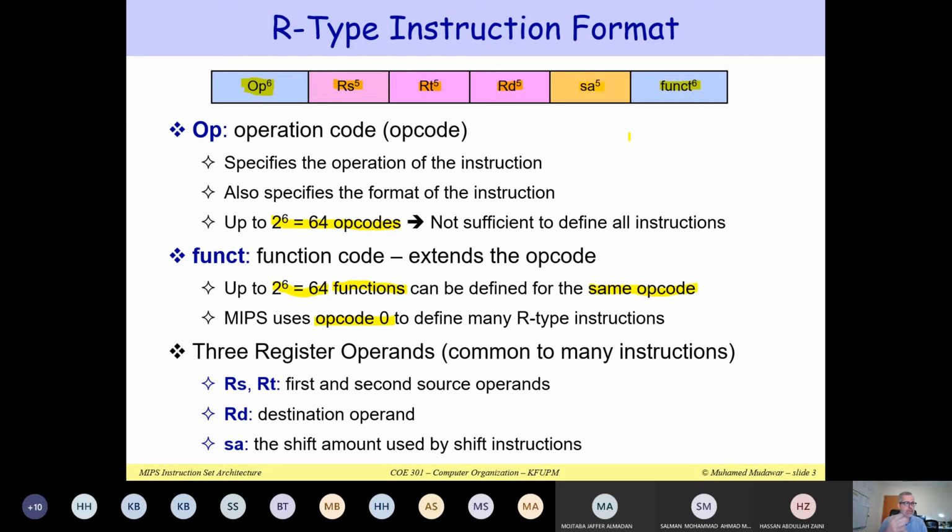And this is why these fields are 5 bits, because we can use a register field to address 32 registers, 2 to the power 5, which are numbered from 0 to 31. So these registers in the hardware are numbered from 0 to 31. We give them special names and special meaning, but in the hardware they are only 32 registers. Okay?